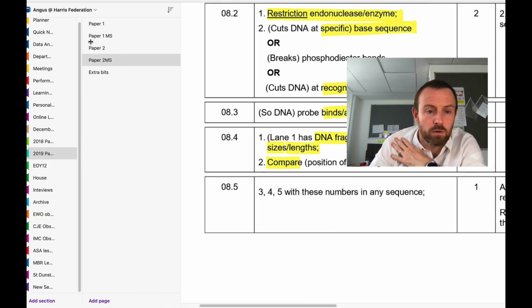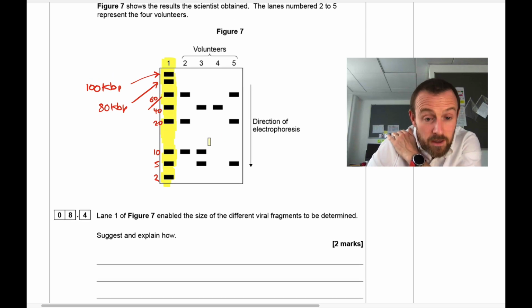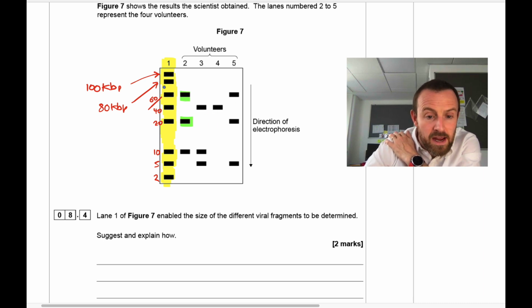So, for example, going with the scale that I made up, that would be a 20 kilobase pair fragment, more or less. In fact, they all line up exactly, don't they? Or if it was halfway, you might say that's about 15, for example, between 10 and 20.